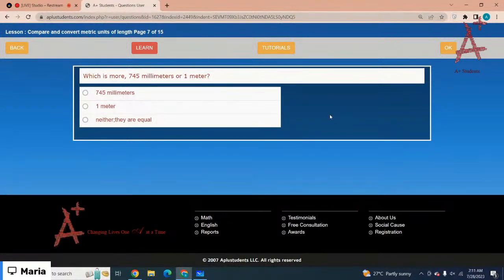The correct option is 1 meter, because in 1 meter you have 1000 millimeters, right? So 1000 millimeters is greater than 745.